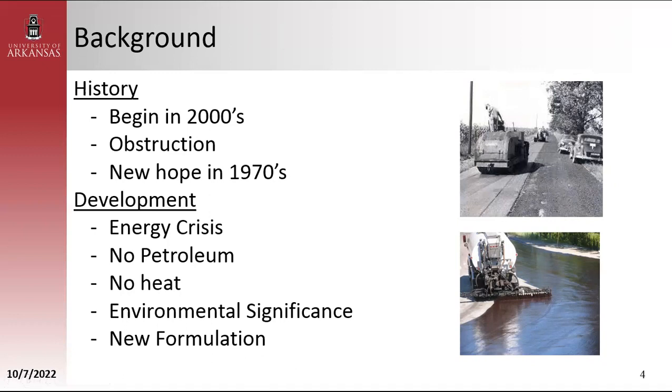There was use of asphalt cutback, but it is very energy consumptive, so to reduce the energy consumption and to reduce the heat, asphalt emulsion is highly encouraged for road pavement. As asphalt emulsion has no petroleum and needs no heat, there is less energy consumption, so it is of great environmental significance.